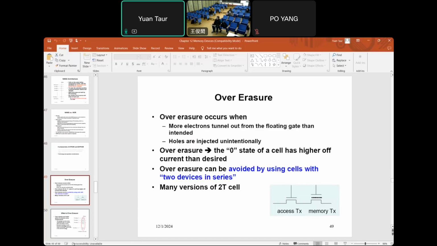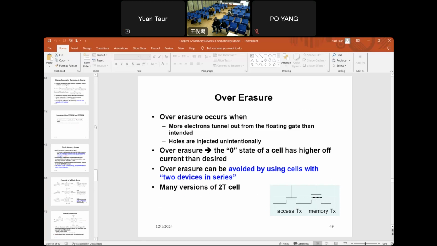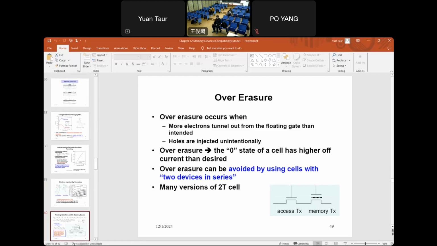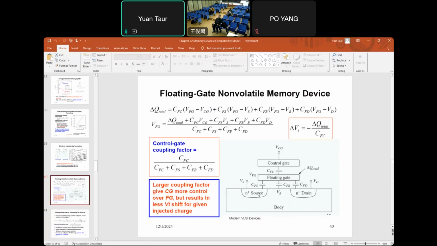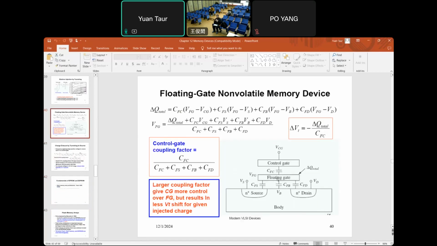Over erasure means that when you try to erase with high voltage to the source, sometimes too much charge tunnels out from the floating gate to the source, so that the net charge on the floating gate becomes positive charge instead.